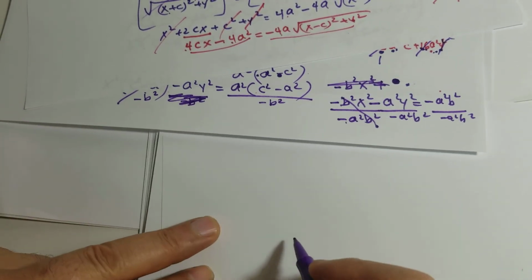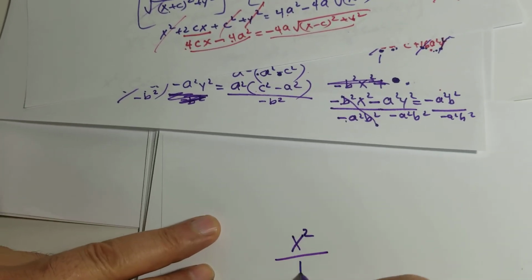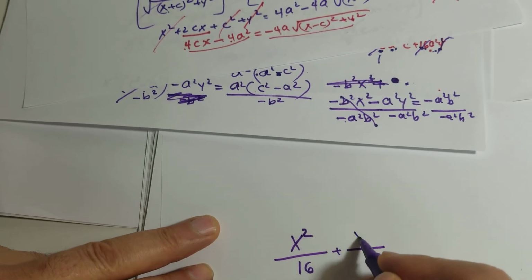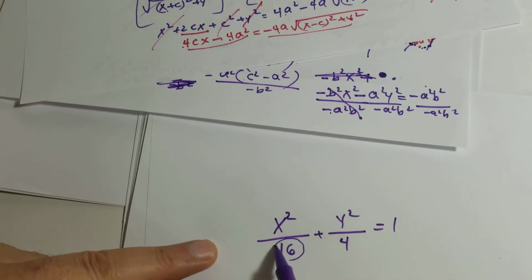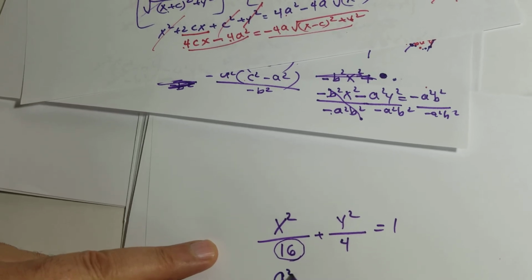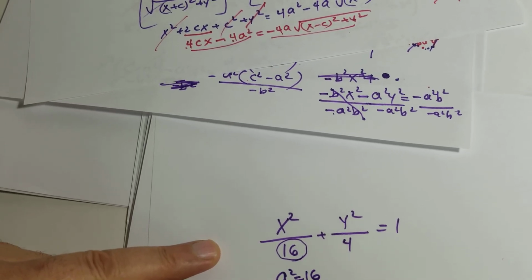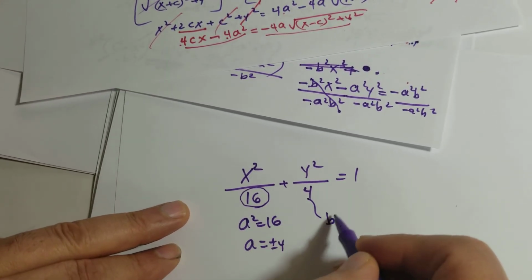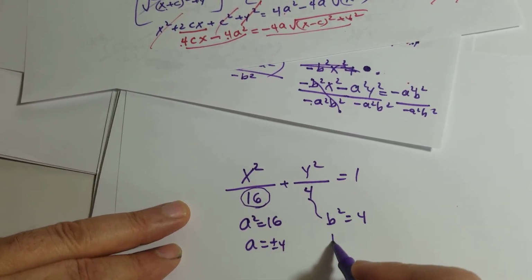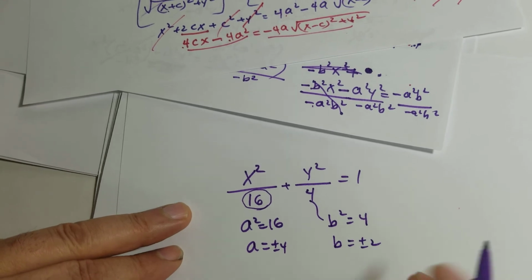Therefore, if I write x squared over 16 plus y squared over 4 equal to 1, the largest one is 16. A is plus minus 4. The smallest one is your b squared. B is plus minus 2.